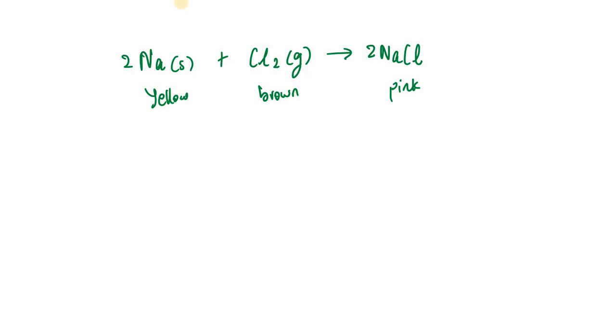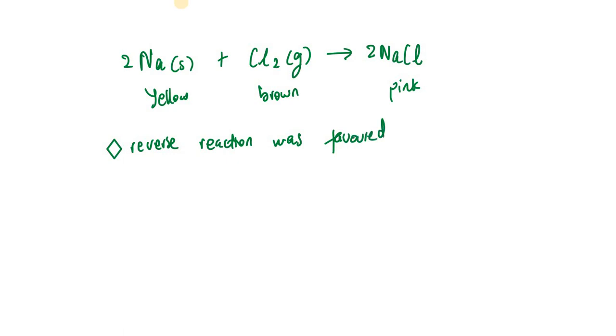Then they say explain what actually happened. So if the system becomes more brown, which reaction was favored? It means the reverse reaction was favored.